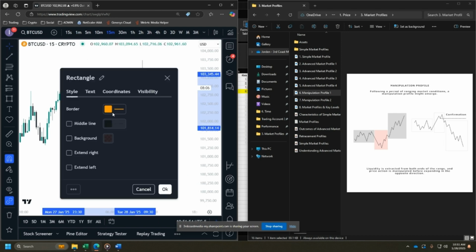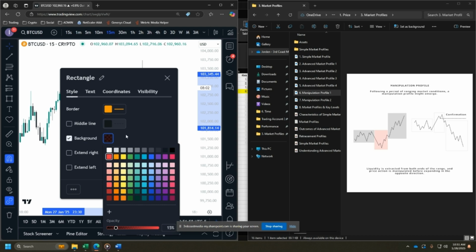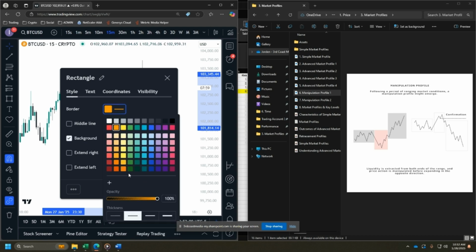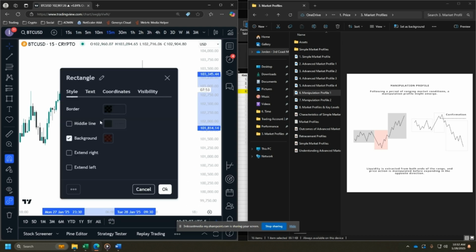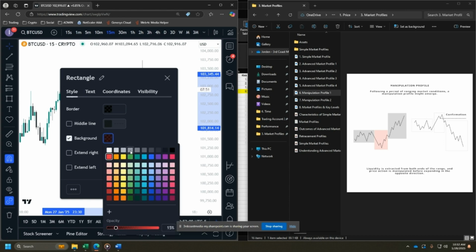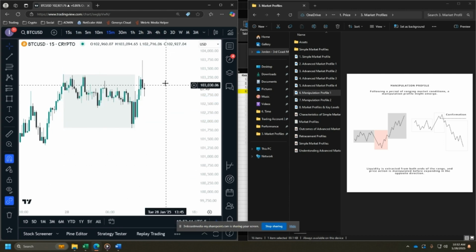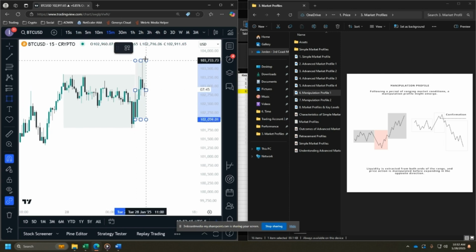And let's make this back to the red color background. No border. Oh, it's gray, sorry. This is the range. So gray. All right. So we have the range, and then we think maybe this is the manipulation.